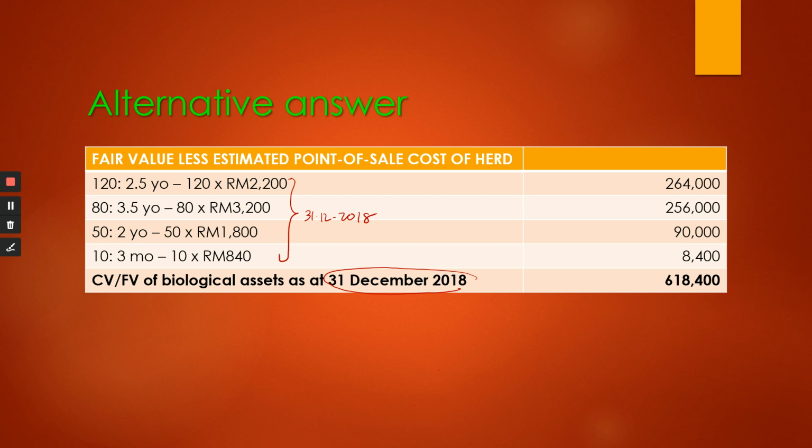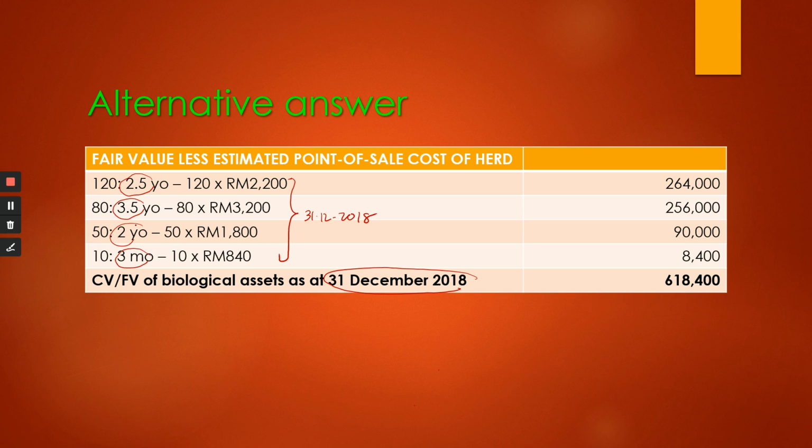So taking into consideration the biological transformation, 1.5 grows to become 2.5, 2.5 grows to become 3.5, and those carry on like what you have done before.